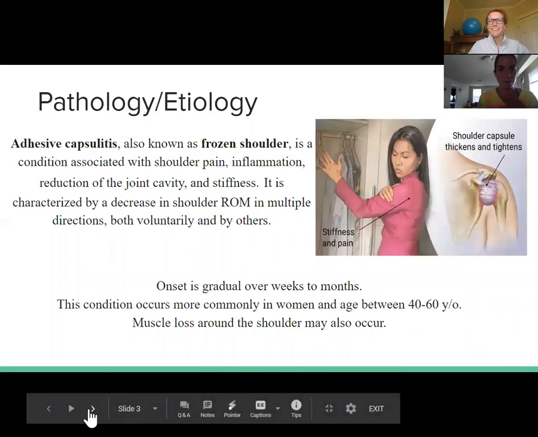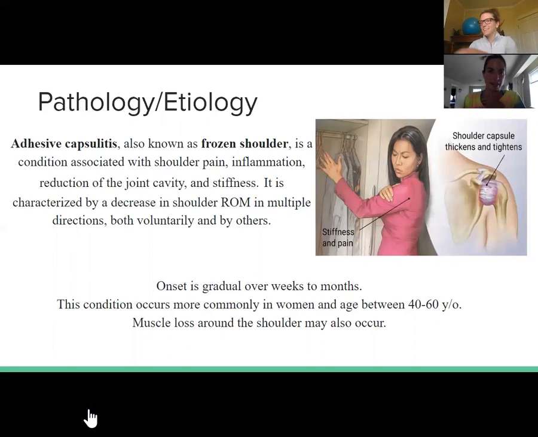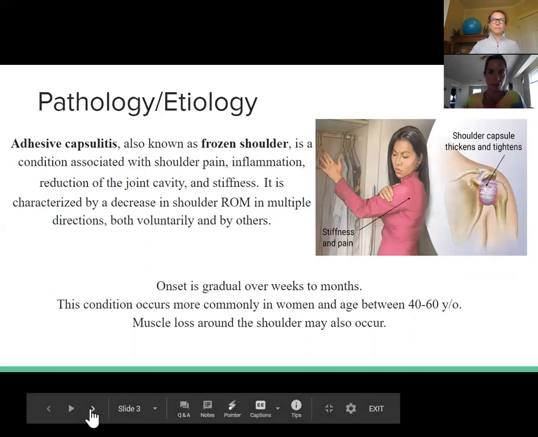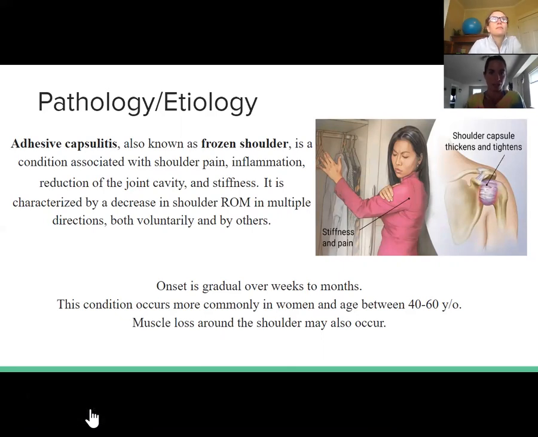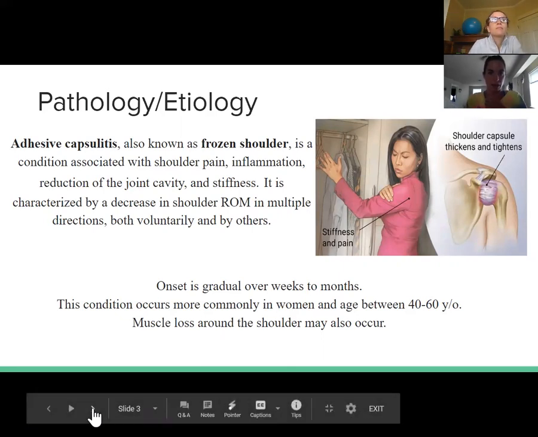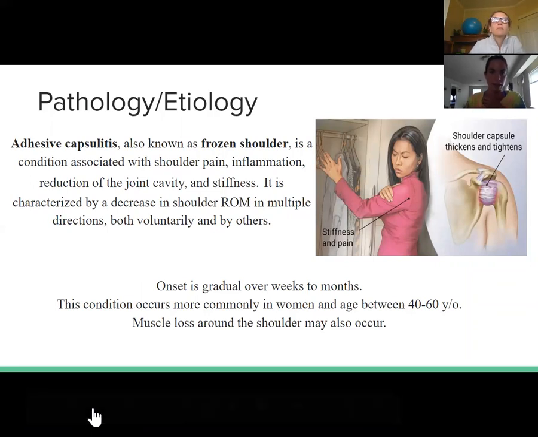Okay, so pathology and etiology. Adhesive capsulitis is also known as frozen shoulder and is a condition that is associated with shoulder pain, inflammation, reduction of the joint cavity and stiffness.